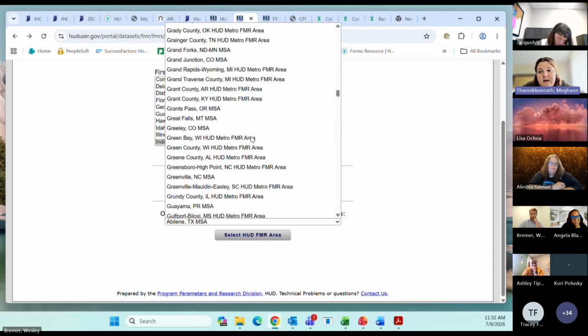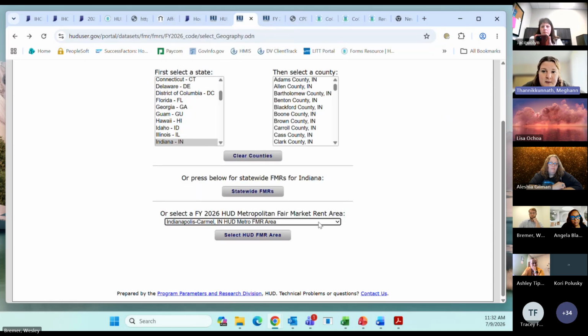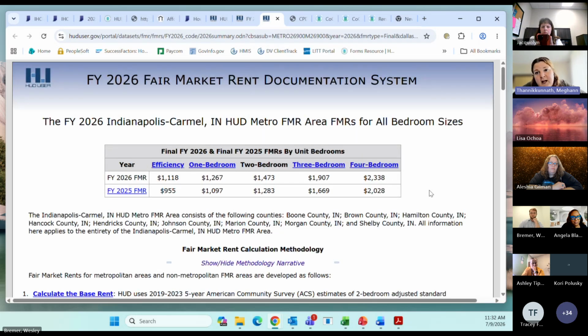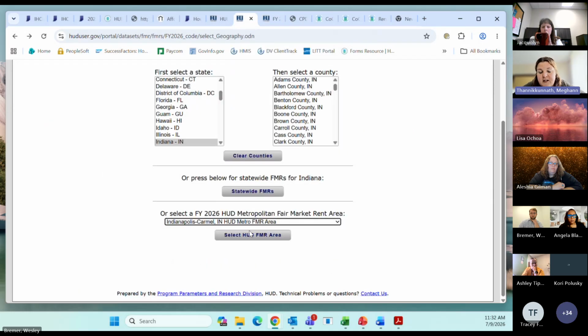If an area has historically experienced a lot of disinvestment in one part of town and a lot of investment in another, a two-bedroom in one part of town might be 750 and a two-bedroom in the other part of town might be 1750.